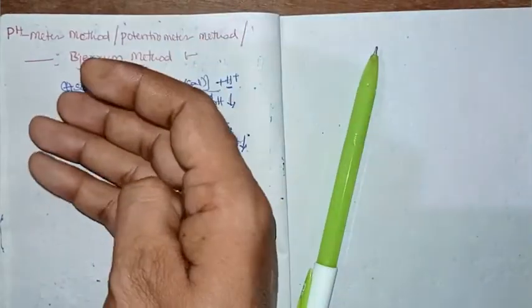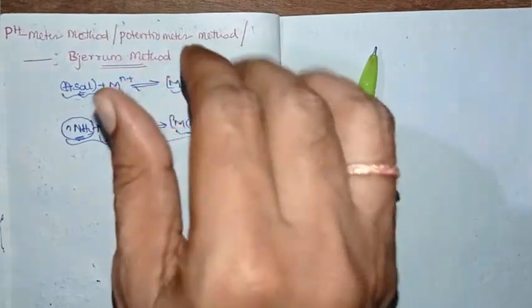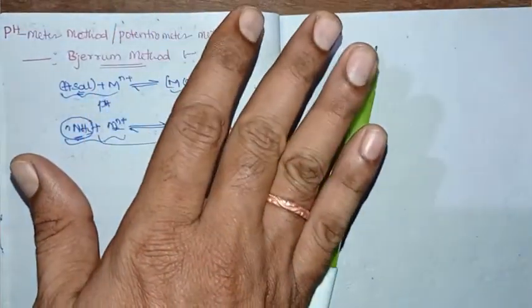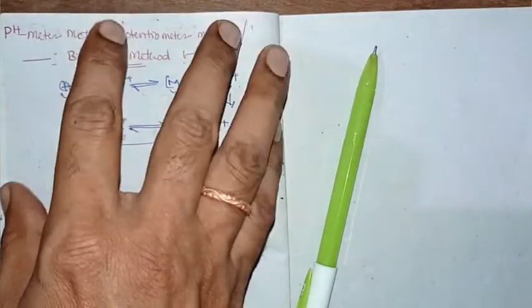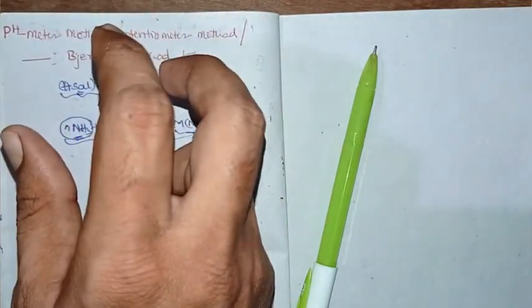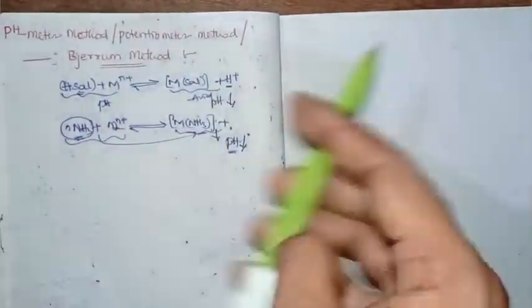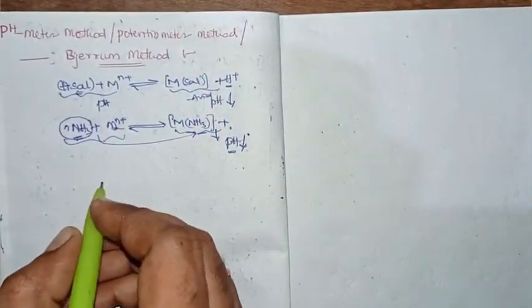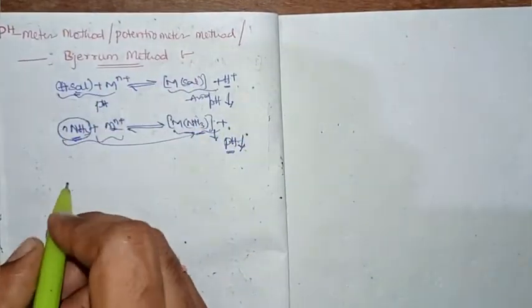So like that, the pH can be related to the stability constant. So with this reason, the pH meter can be useful to derive the stability constant formula. That's how we can interrelate the pH meter with the stability constant.